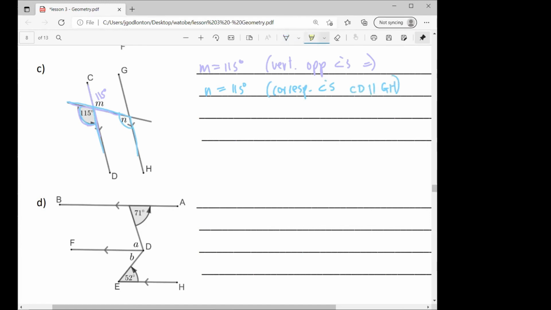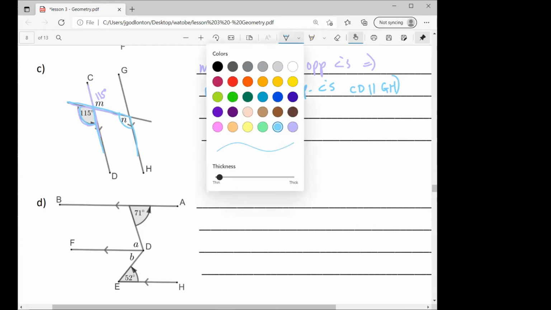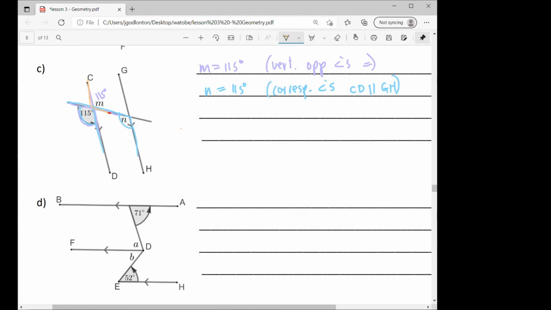You could have also said, because now you know what M is, that this is alternate. So you could have said that N is 115 degrees because of alternate angles, with the same lines being parallel. Both of those would have been absolutely fine because that angle would have equaled that angle. Nice. Okay. All right. D.